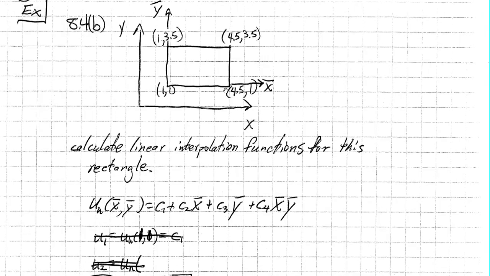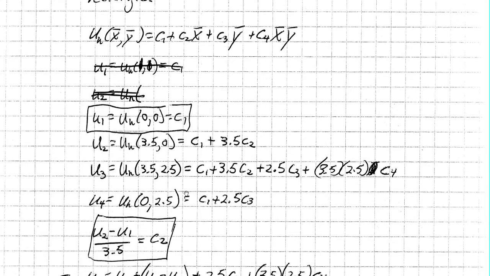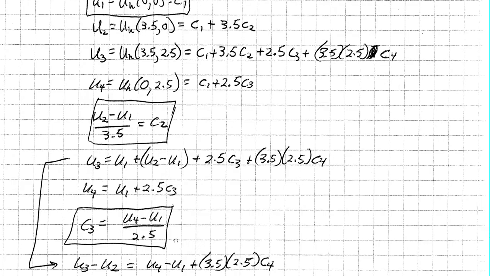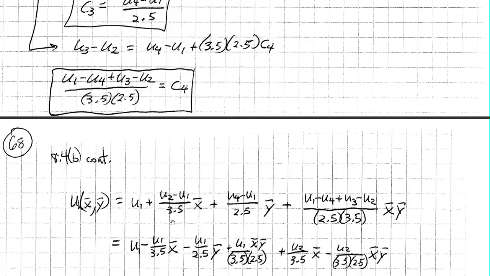So I've put in some values here and we plug those in. You get 4 equations, 4 unknowns. We can solve for C1, C2, C3, and C4 just by manipulation, or you could put this in some matrix inversion software and spit out all 4 terms.